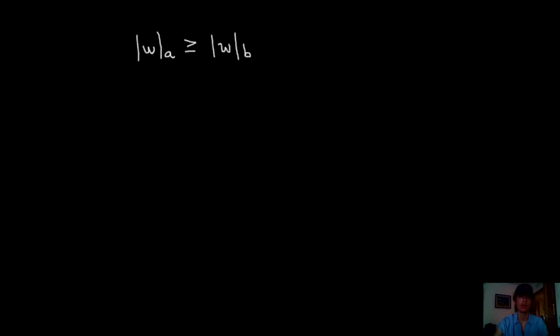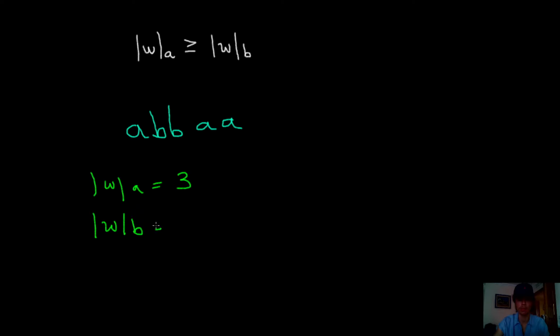Now consider this word, the word ABBAA. Is this word an accepted word for this language? Well, we can count how many A's and how many B's we have. We see that in this word we have a total of 3 A's and 2 B's.